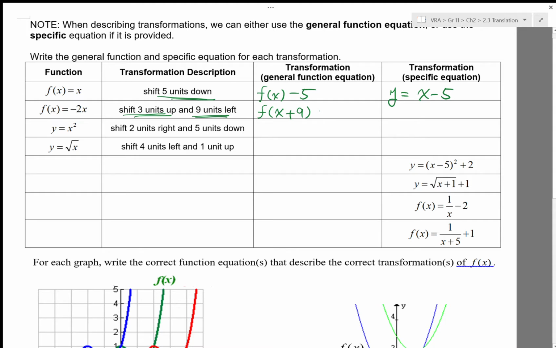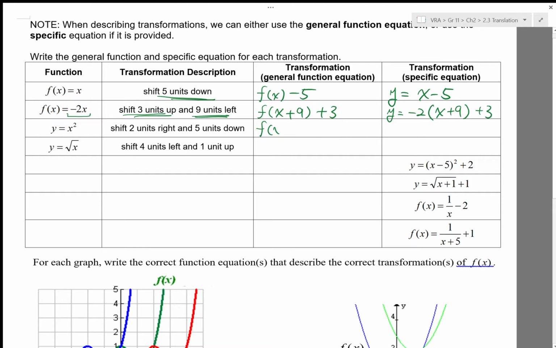And then it says it shifts 3 units up, so plus 3. In this case, my function is negative 2x, so y equals negative 2. Now it has to be done directly to the x, so x plus 9, and then you have plus 3 at the end, okay?